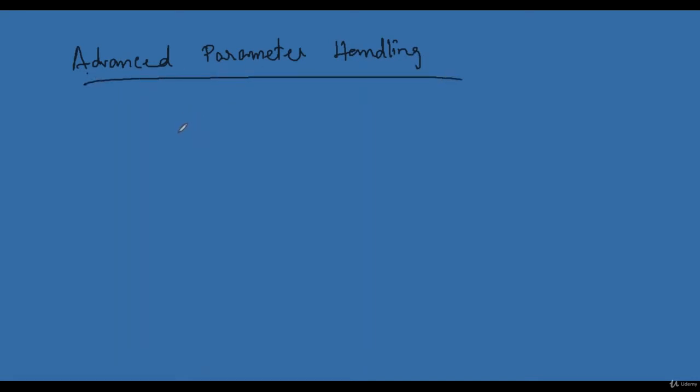In this section, we are going to discuss advanced parameter handling. So let's first understand what a parameter is. The word parameter basically consists of any name and value pair which are part of your applications.